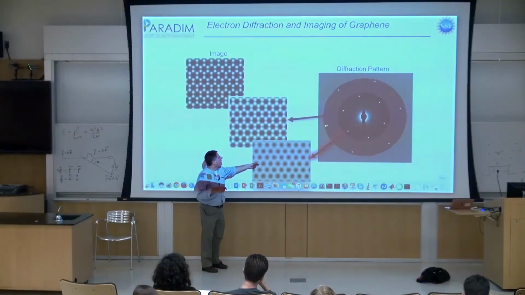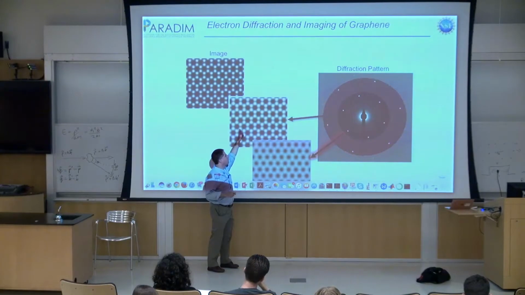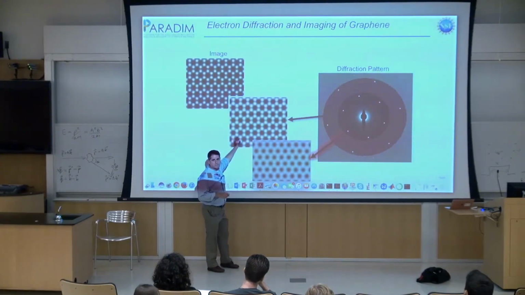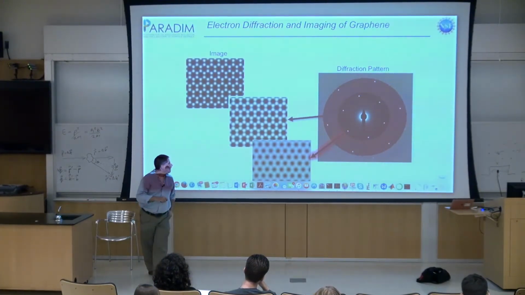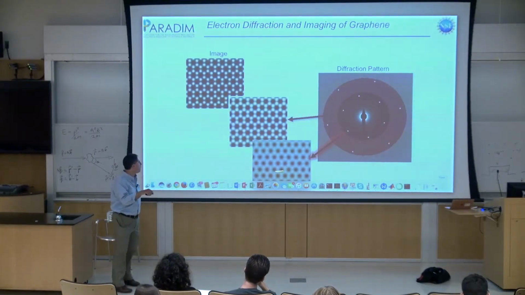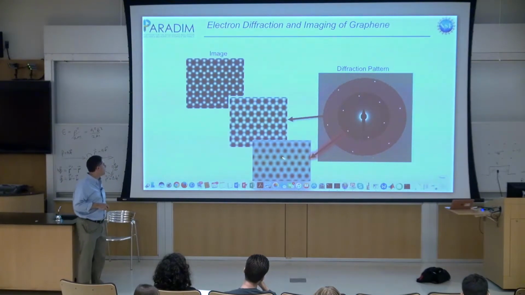I got rid of that one, and that would have got rid of the spacing running from there to there. Those two spots give me that spacing over there, and those spots give that spacing down there. With just that first ring, I've got something blurry like that. Now, if I have a blurry image of graphene, that's what it looks like. If things are working nicely, I get to see that.